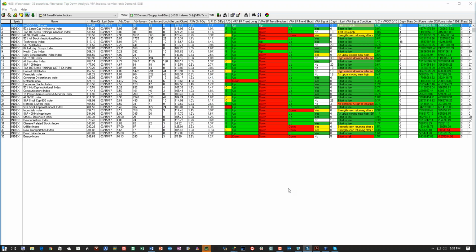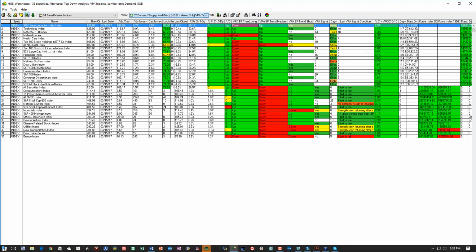Right now I have done an update with the intraday data, not the end of day data. I did it at 3:16 my time, so this includes the indexes as they are right now.